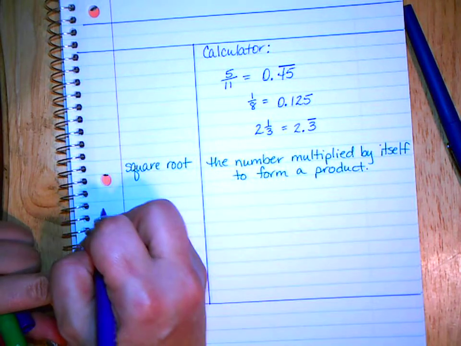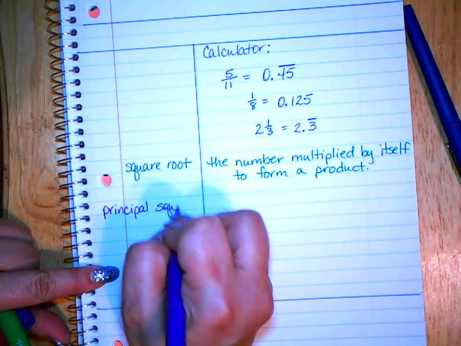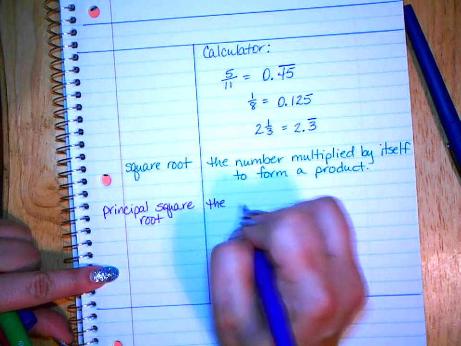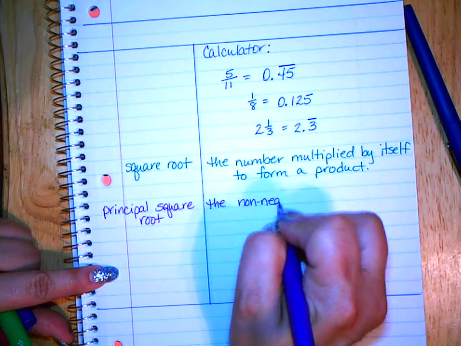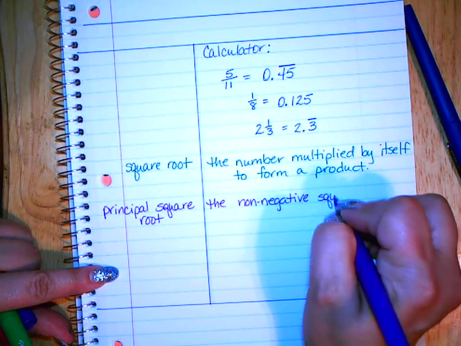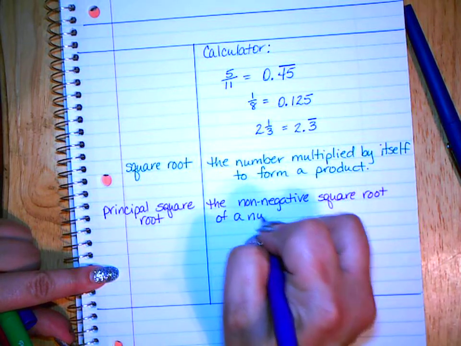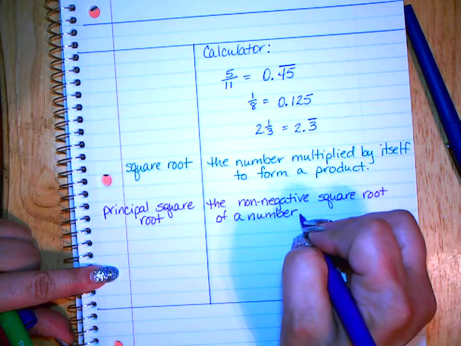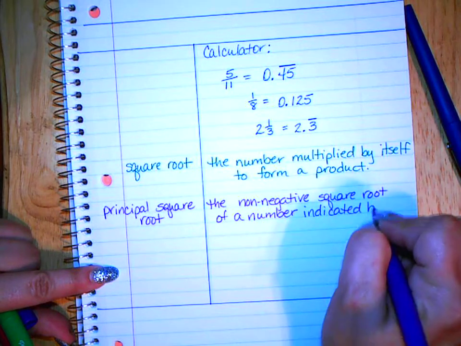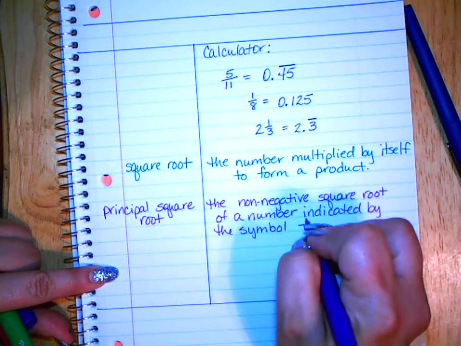I have principal square root, that is the non-negative square root of a number, indicated by the symbol, and here we have the square root sign.